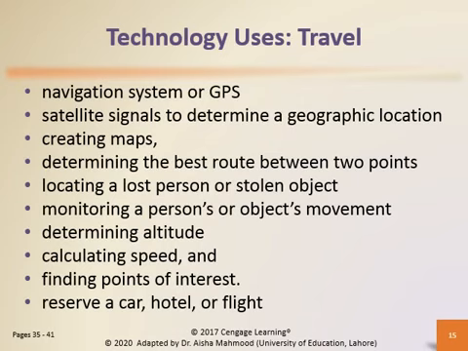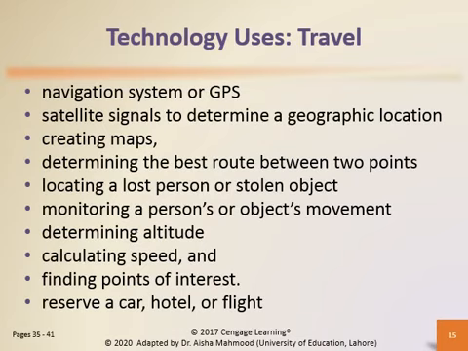GPS, termed as Global Positioning System, is a technology that assists people with creating maps, determining the best route between 2 points, locating the lost person or lost or stolen object, monitoring a person's or object's movement, determining altitude, calculating speed, and finding points of interest.